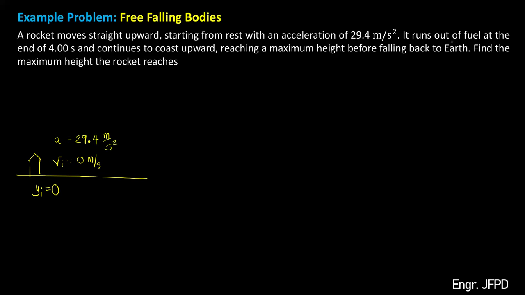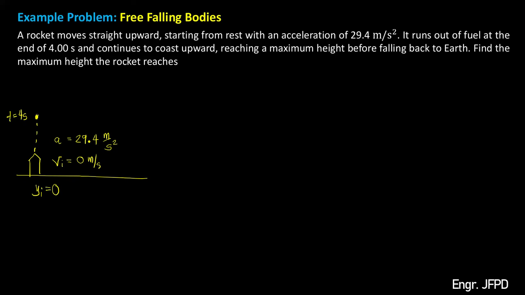Then it runs out of fuel at the end of 4 seconds. That means after a time of 4 seconds, the rocket will now move under free-falling bodies, and it will still continue to coast upward, reaching a maximum height before falling back to Earth. Find the maximum height the rocket reaches.